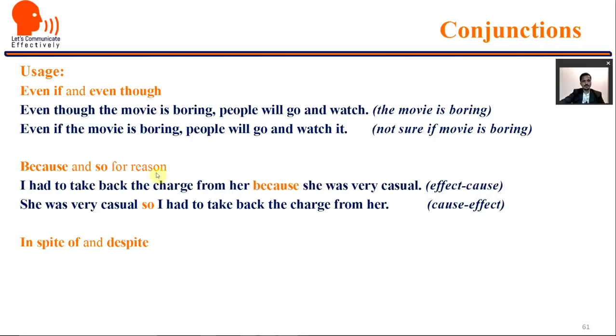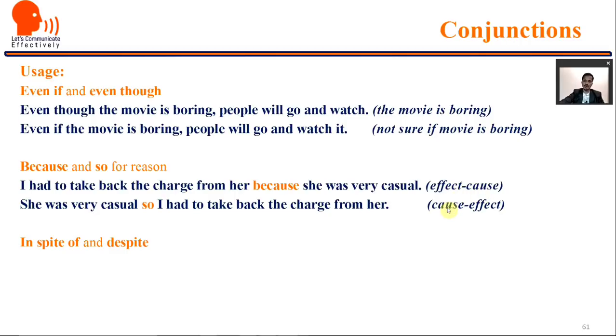Because and so for showing reasons. The simple rule is, let us see the examples first. I had to take back the charge from her because she was very casual. She was very casual, so I had to take back the charge from her. So the rule is effect and cause. If you talk about effect first, then you use because to show cause.